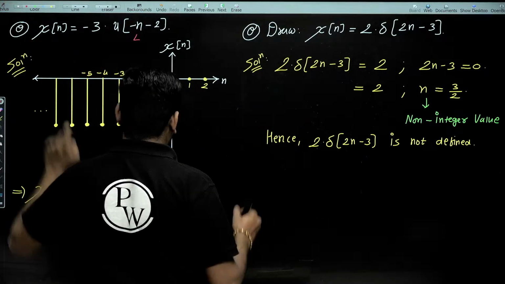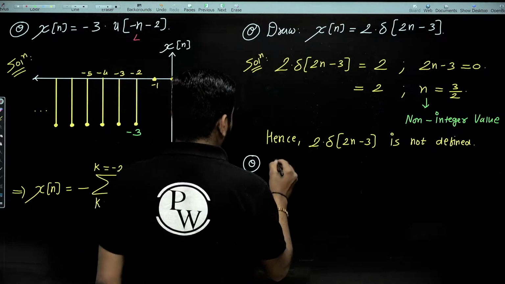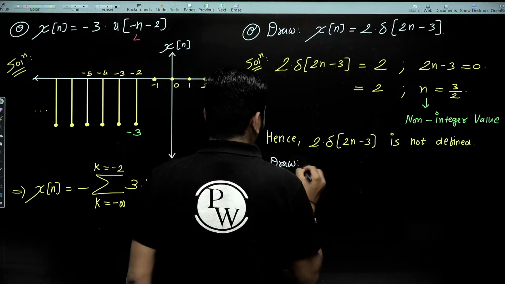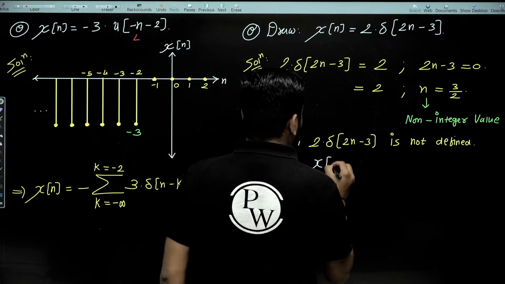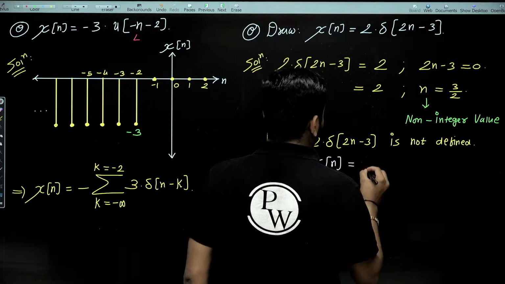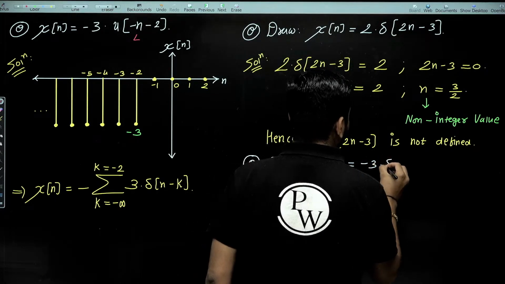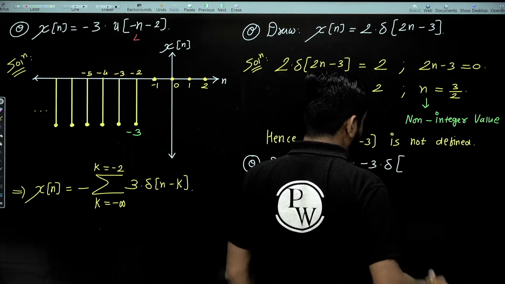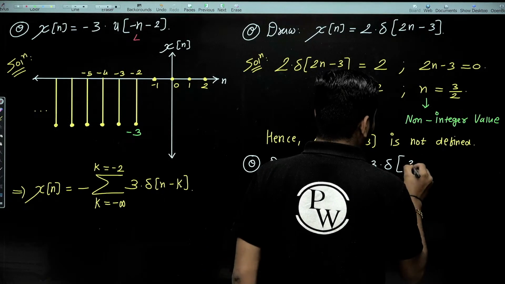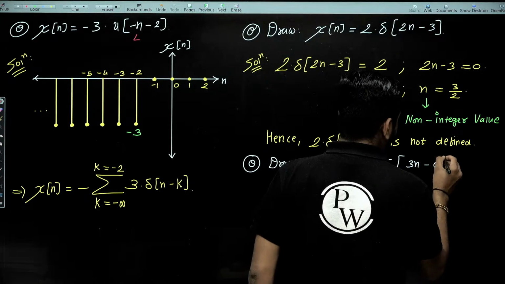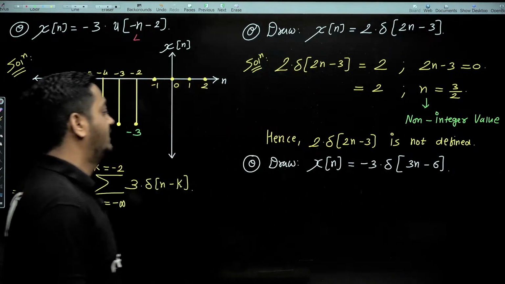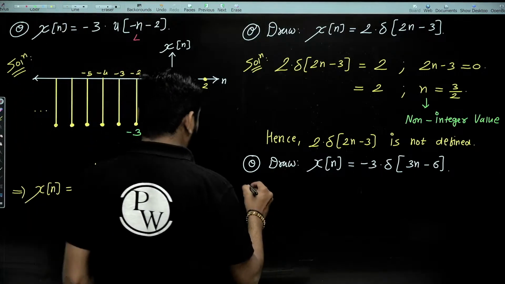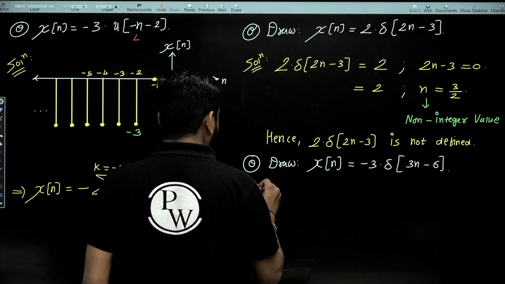But suppose I am asking you to draw or sketch minus 3 del of 3n minus 6, guys. Then tell me, what is the location of this sample function or impulse function?